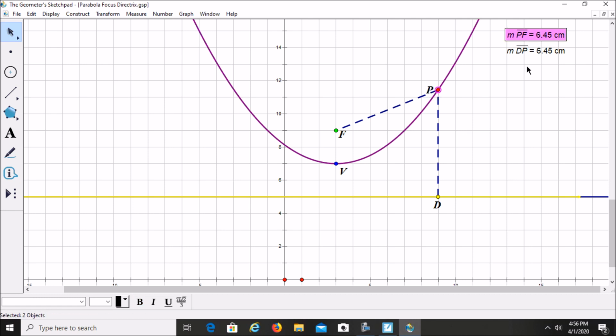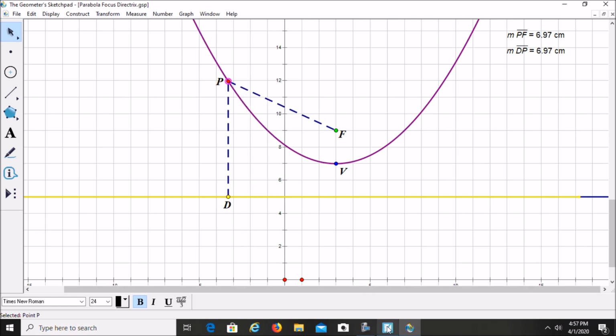You can see P is the same distance from F as it is from D. Even as I move P, the distances change, the lengths change, but they're constantly equal to each other. The smallest the distances will be is when the point is right on top of the vertex. After that, the lengths once again start to grow.